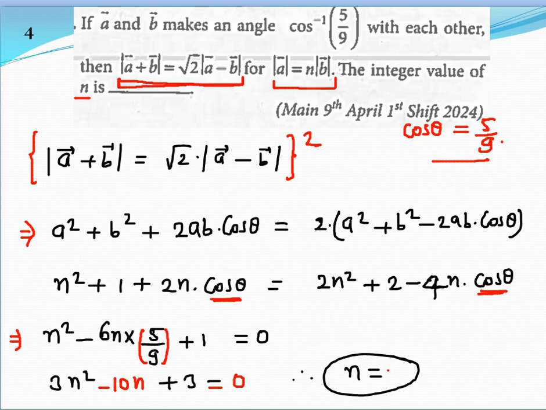Solving, the solution will be n equal to 3 and 1 by 3. We have to choose the integer value. That's why the answer is 3.